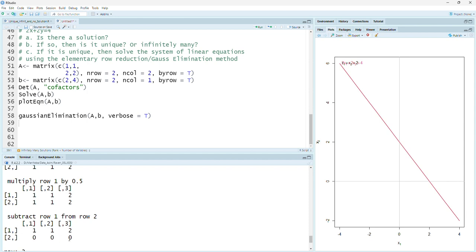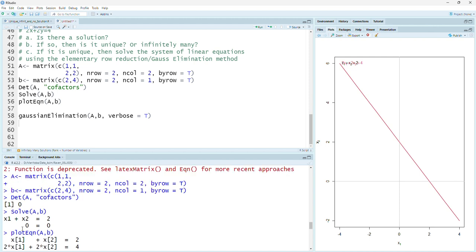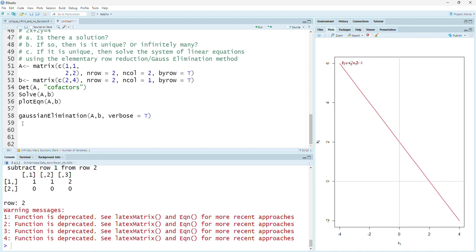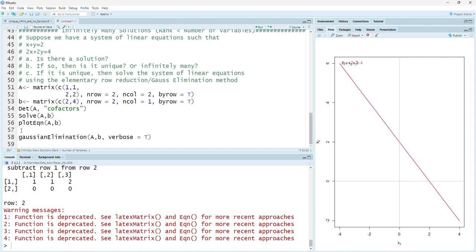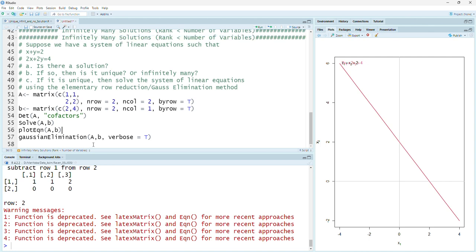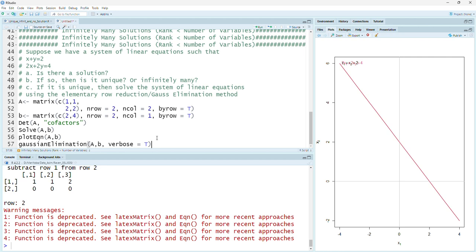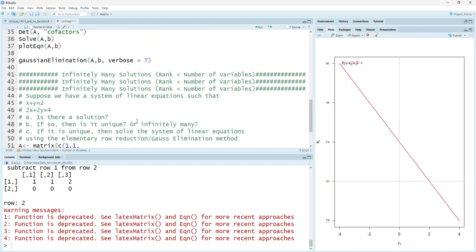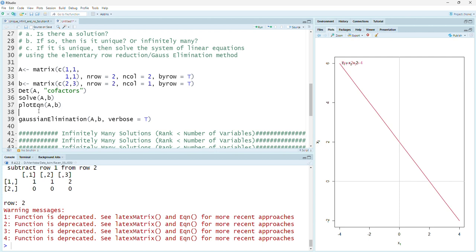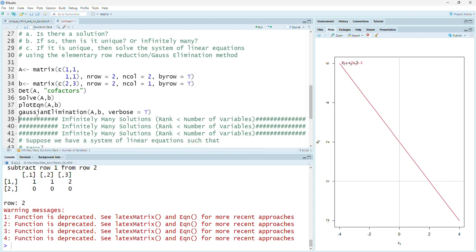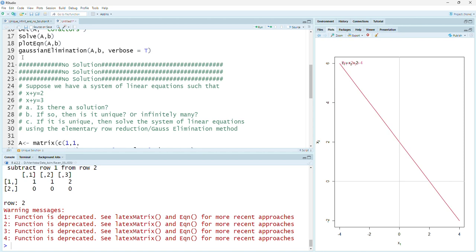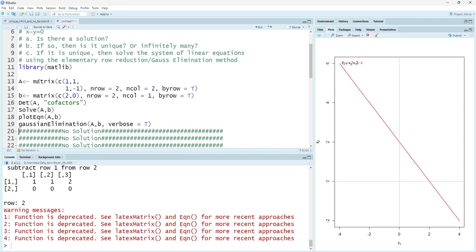It's the same thing, like earlier we get 0 is equal to 0. Okay, so that's it for the three examples, and I hope that you understand when the solution is unique, when there is no solution, and when there are infinitely many solutions.